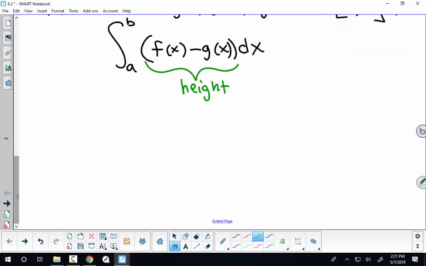And I'll make the note that if g of x is equal to 0, then what we're doing is just computing that area from chapter 5.